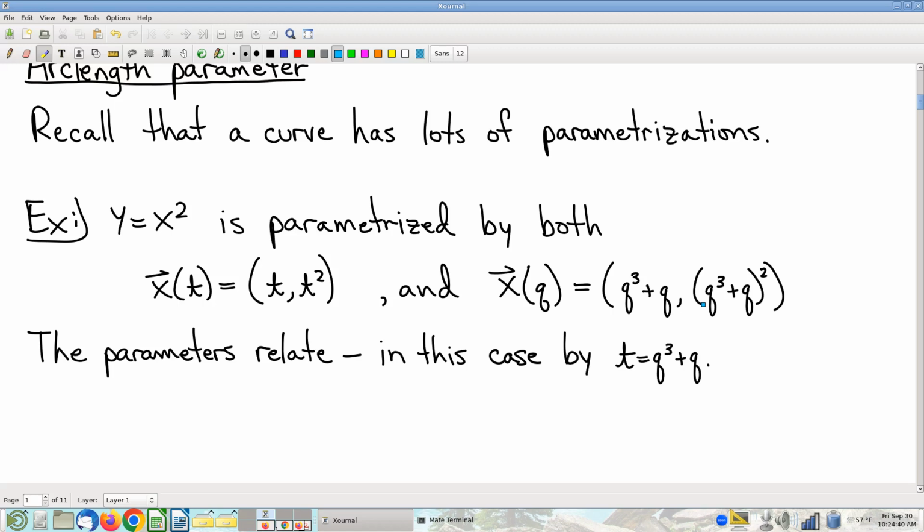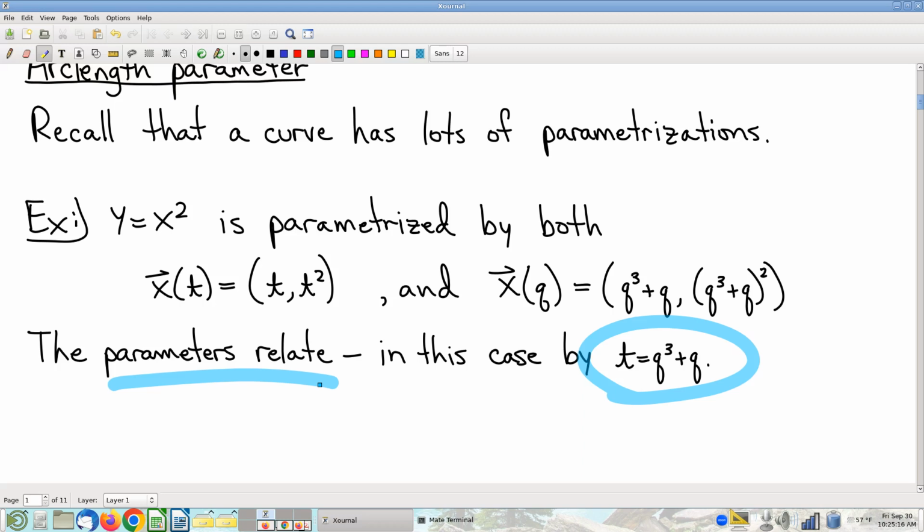In this case, and let me stop short of always, but typically, when you're looking at two parameterizations of the same curve, the parameters are themselves related. And you can see very easily here what the relationship is. t has been replaced by q cubed plus q. I've designed this example to be visually clear, and that won't always be so immediately obvious.